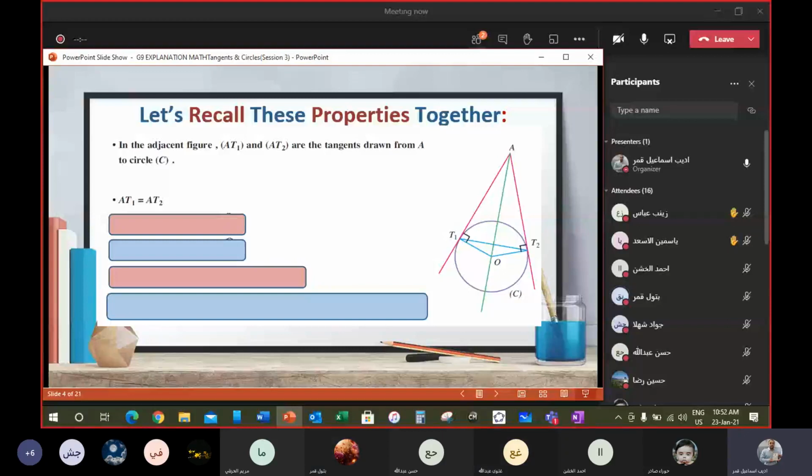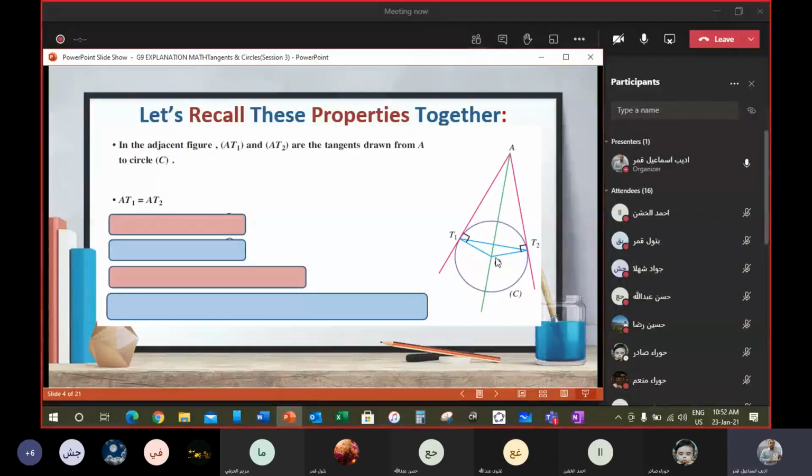We need to memorize these properties. If angle T1OA equals 90 degrees, what do we write beside it? The property of tangency, because T1A and T2A are the tangents drawn from A to the circle.